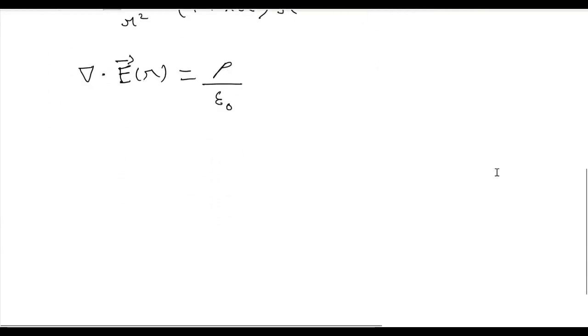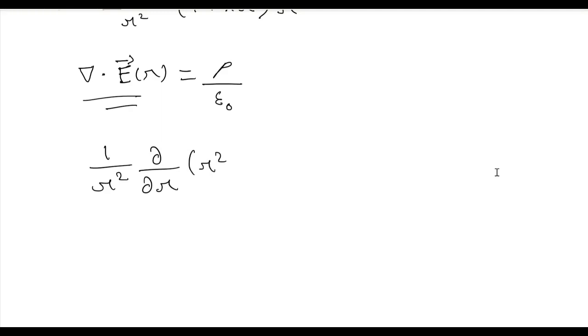One could note that the electric field only has a radial dependence, and in spherical coordinates the divergence of E, with only radial dependence, has this formula, where E sub r is the radial component.